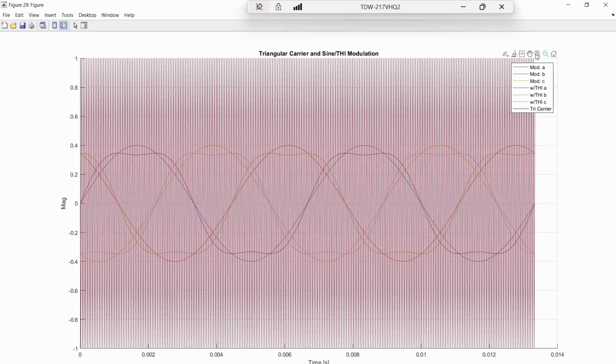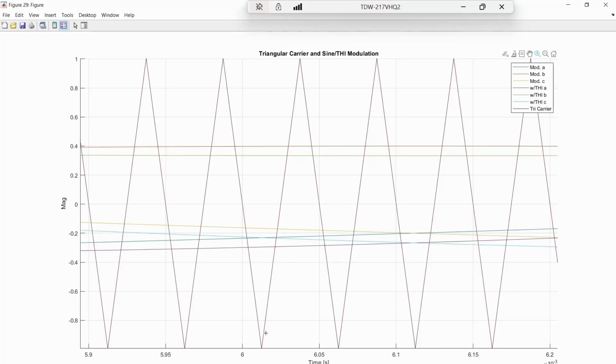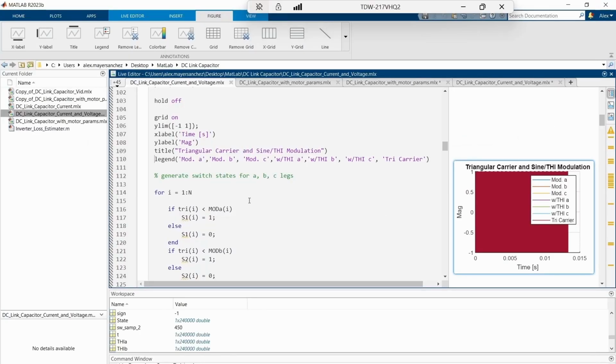Can't zoom out. Zoom in. So here you can see the triangle wave that's being generated, and the frequency of this triangle wave is the same frequency as our switching frequency. And you can see these other waveforms are the modulating sine waveforms and the modulating third harmonic injection waveforms. And how do we generate those?